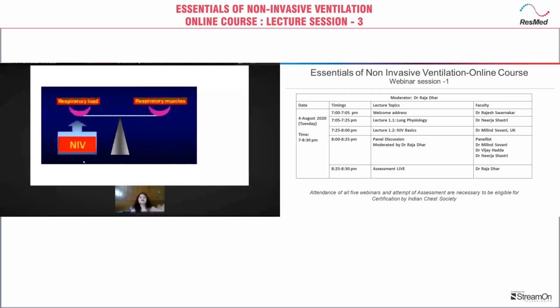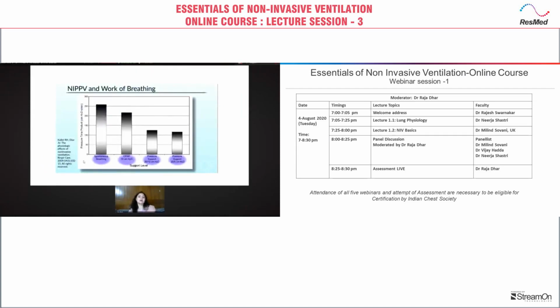This is where NIV comes into function. It decreases the patient's effort and the number of efforts. The patient may be totally dependent on the ventilator to do those efforts, and it also decreases the muscle load for a given tidal volume, and that reduces the fatigue.